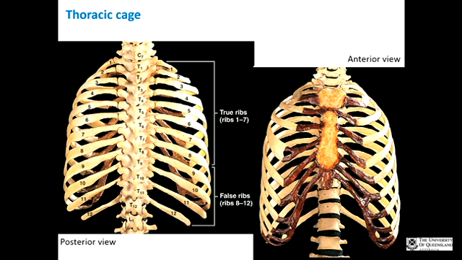Basically, its costal cartilage is merging with that of rib 7, so it doesn't have its own unique attachment to the sternum. And that occurs for ribs 8, 9, and 10. And of course, ribs 11 and 12 are the floating ribs that don't have this connection to the sternum.